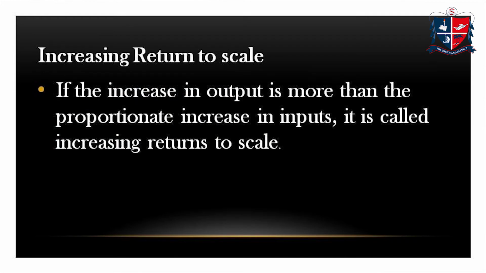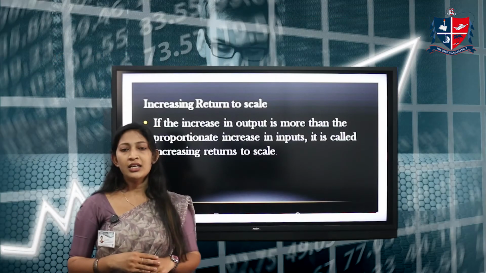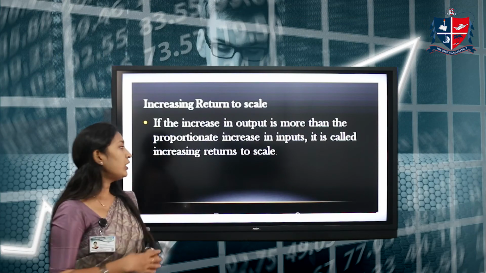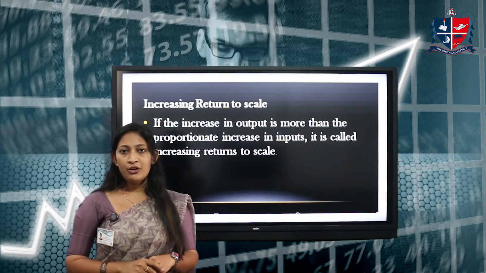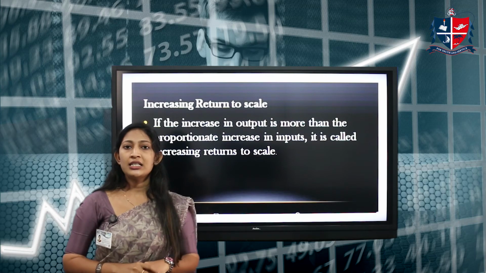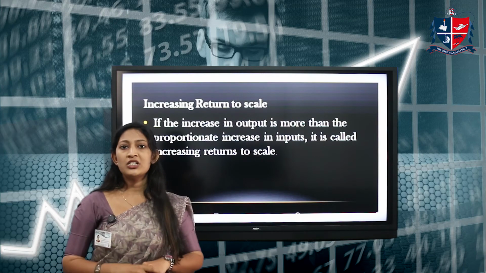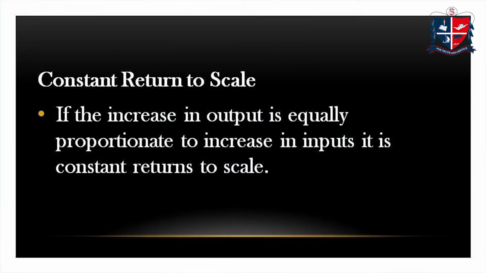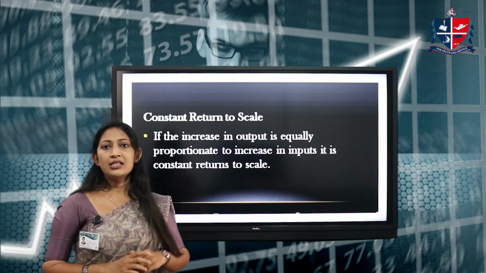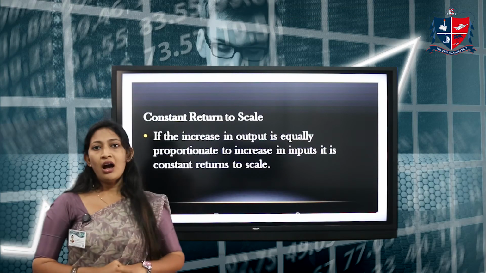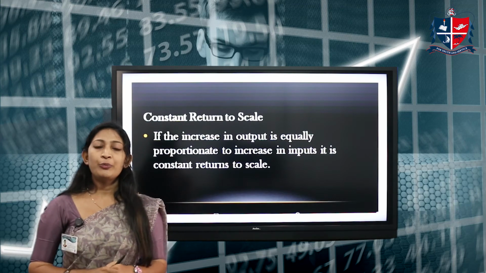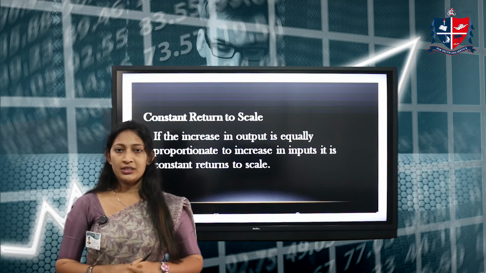In increasing returns to scale, the increase in output is more than proportionate to the increase in inputs. It is called increasing returns to scale. For example, a 20% increase in inputs leads to a 30% increase in output. The second stage is constant returns to scale. In this situation, the increase in output is exactly equal to the proportionate change in inputs.